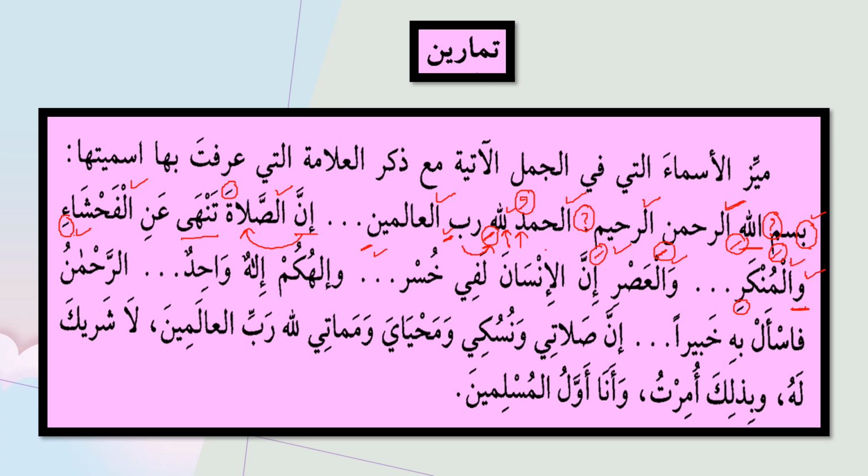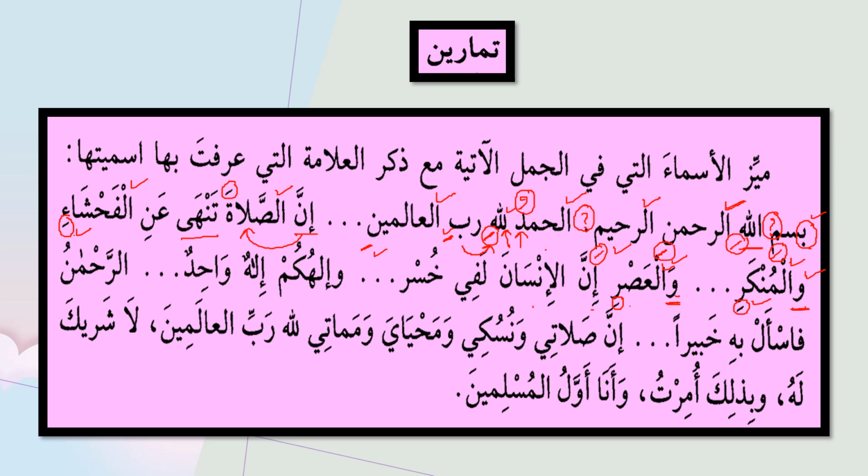The entry of lam at-tarif, the second point. The third is the kasra. All three give you the proof that al-munkar is a noun. Let's see the second one. Wal asri. So there is a kasra, the harf jar or the waw al qasam, the entry of lam at-tarif. So you have three proofs: waw al qasam, lam at-tarif and kasra.